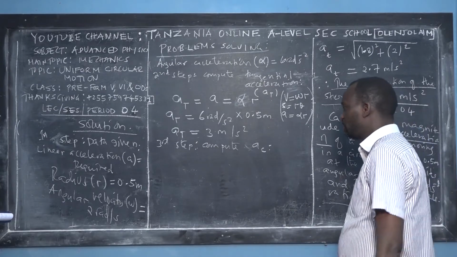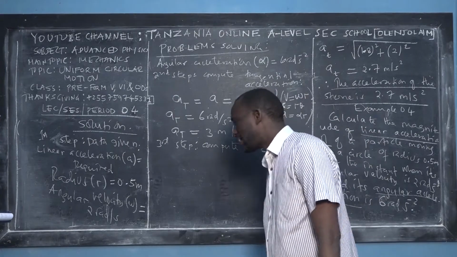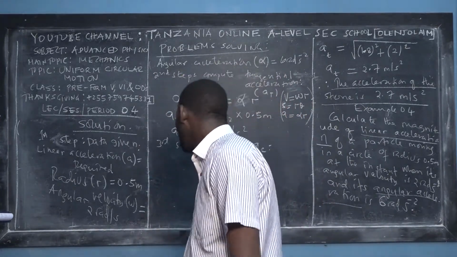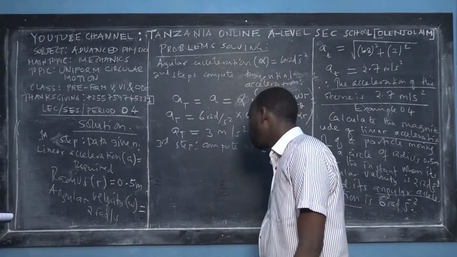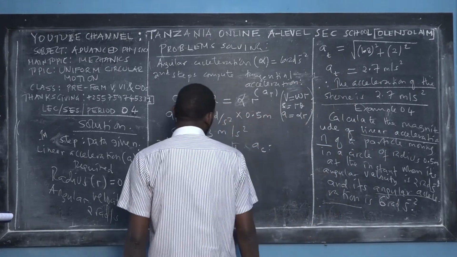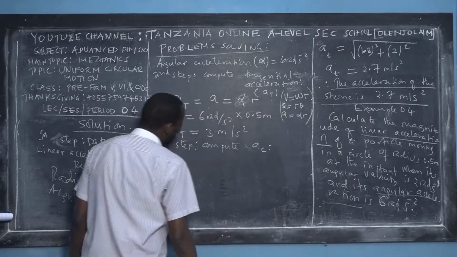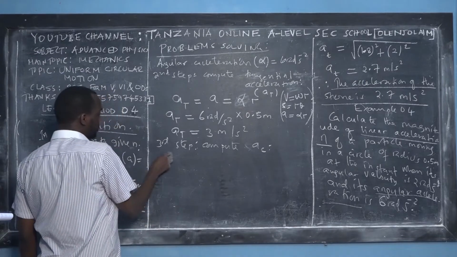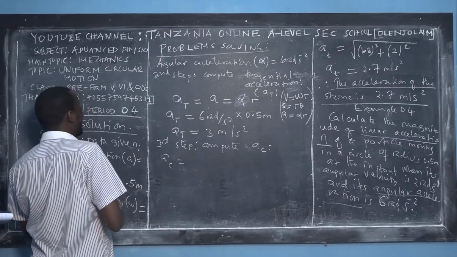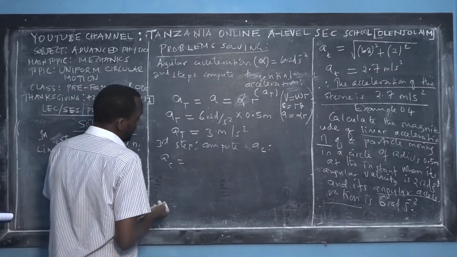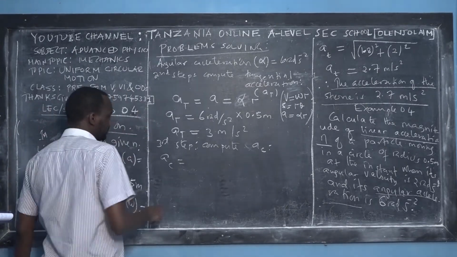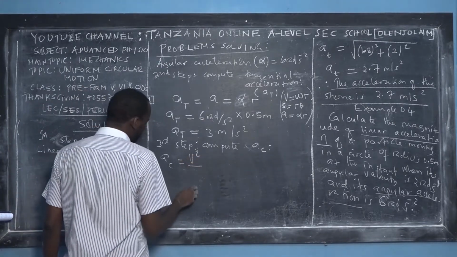So this linear acceleration corresponds to the total acceleration of the body, because a body moving in circular motion has both tangential acceleration and centripetal acceleration. So centripetal acceleration, for this case, is equal to linear velocity squared over radius r.